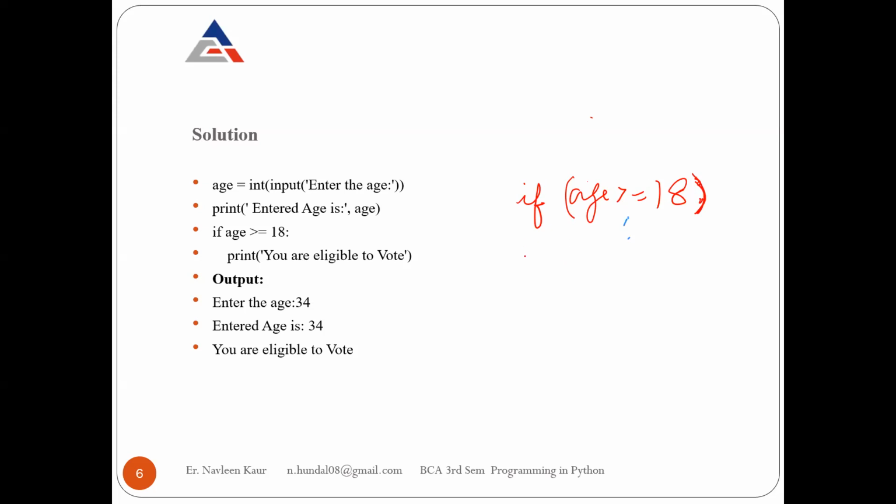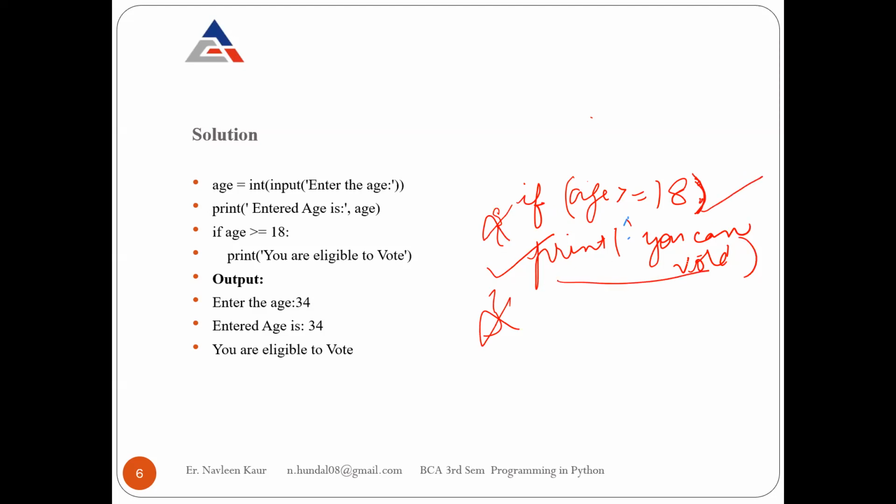So suppose there is only one statement, print you can vote. So mostly teachers tell you that if you have only one statement after if, there is no need to put curly brackets. Okay, curly brackets are optional. You can put them or you can just avoid them, only if after the if statement you have only one line.